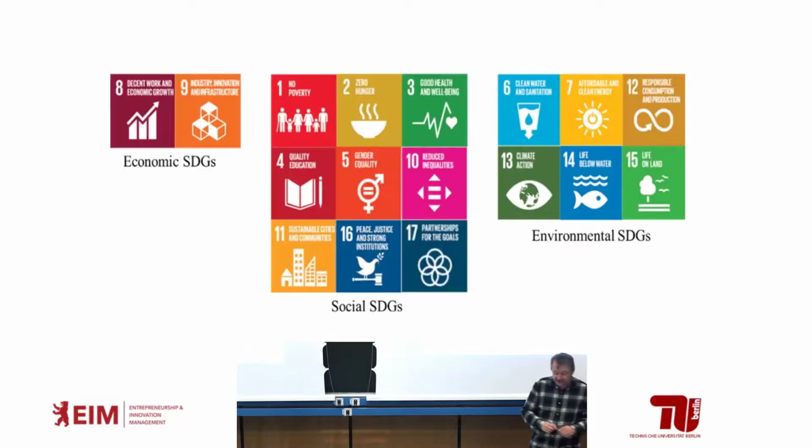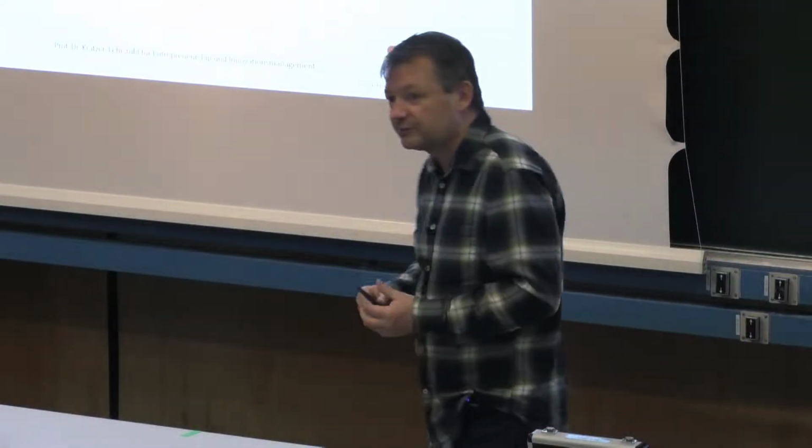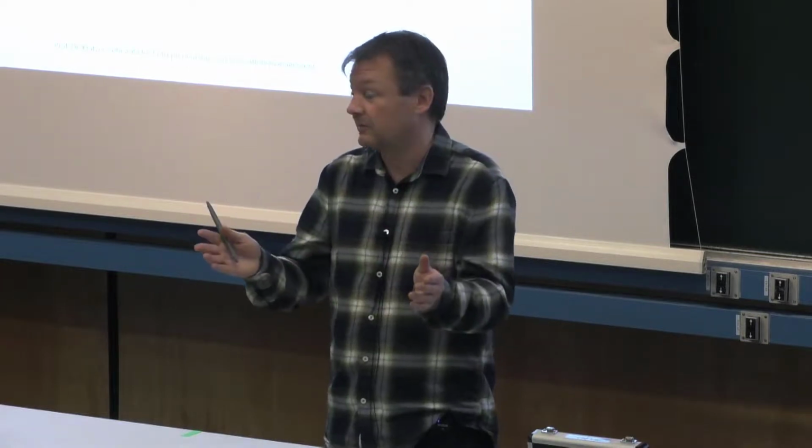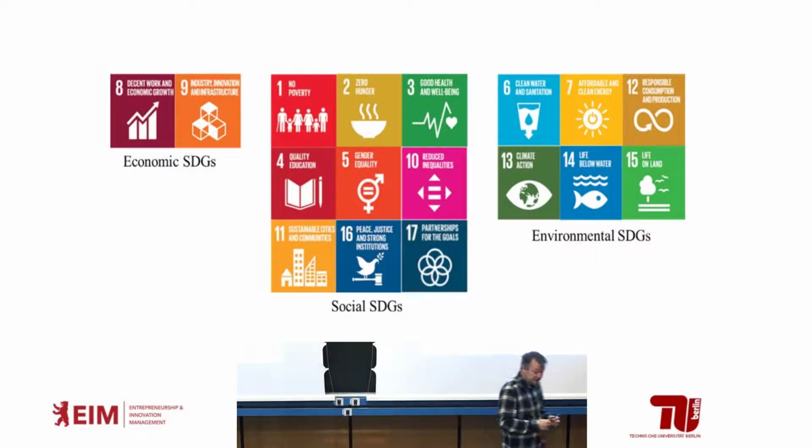Also, it's quite easy to group the sustainable development goals into more social ones, more environmental ones, and more economic ones. And as you see, sustainability is 60-70% social and not environmental. So at the core of sustainability is actually social change more than environmental change.